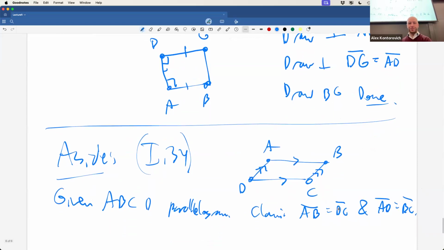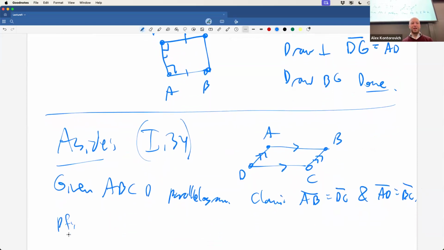Why is this true? Because they're parallel, we're going to draw a diagonal, AC. Because they're parallel, this angle is equal to that angle.